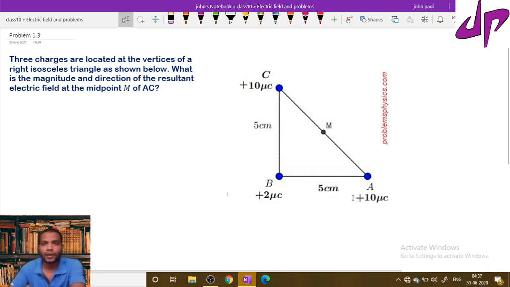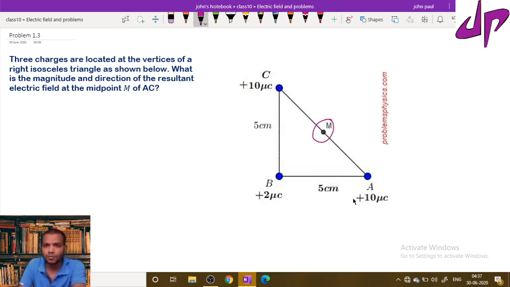So we need to find the magnitude and direction at this point because of the resultant charges A, B, C. We need to find the magnitude and direction of the electric field at M because of these three charges.